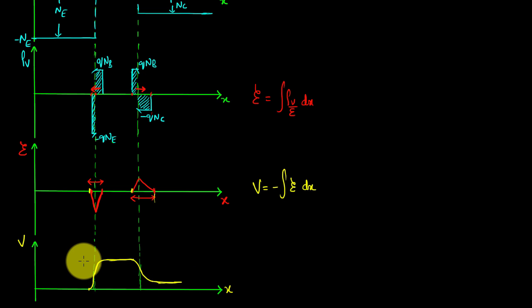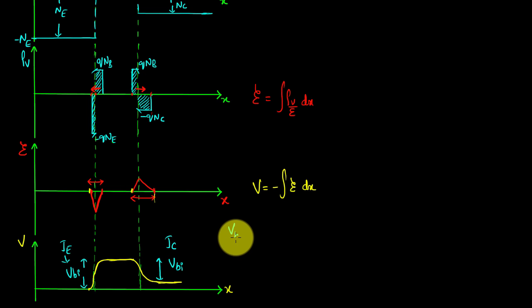And if we recollect, this value would be nothing but the built-in potential. And of course, this would be the built-in potential for the emitter junction. So remember, this is for the emitter junction, and this value would be the built-in potential for the collector junction.